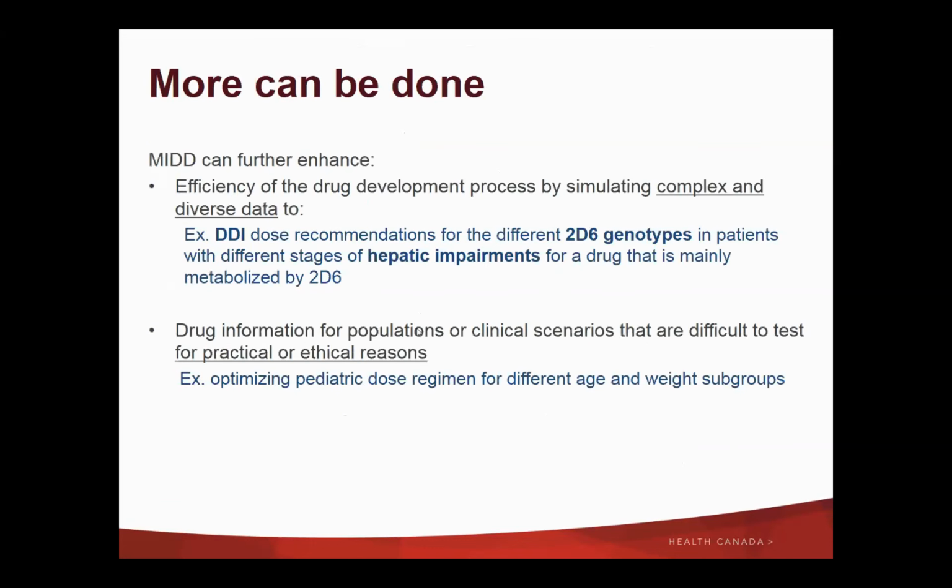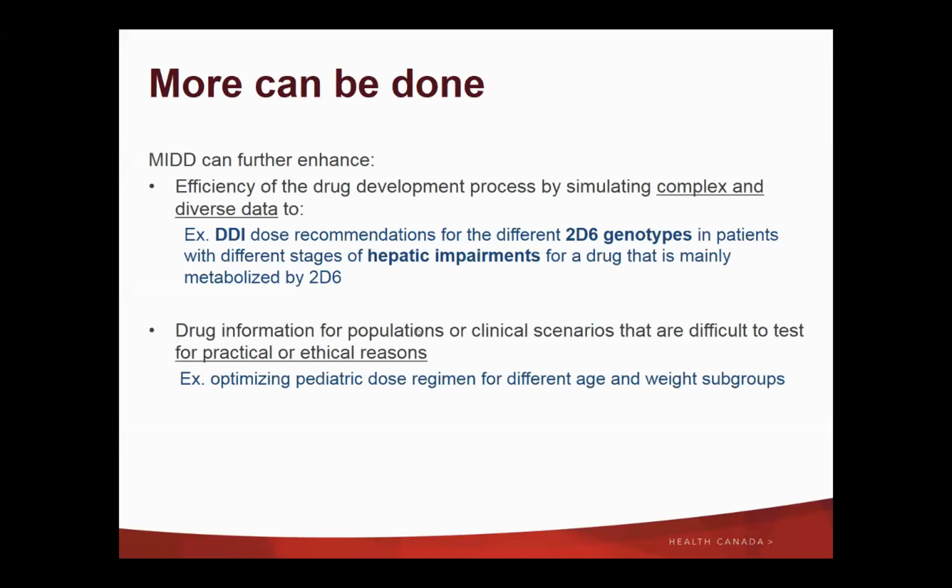We already have a lot of applications and expanding use, but I think more can be done, particularly where we have added value or a need for the application of alternative approaches. For example, when we have a complex scenario, where we need to understand the drug interaction for a drug which is metabolized by the liver, and we need a dose recommendation for hepatic impairment patients because it will be used for those patients.